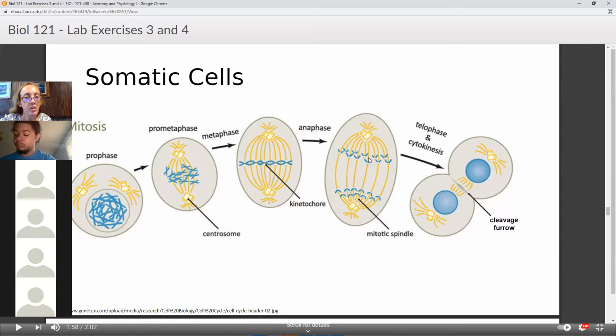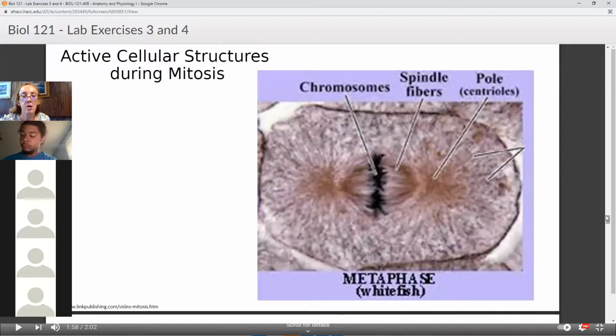And then the two duplicated copies of chromosomes called chromatids are moved to opposite sides of the cell. And then the new cells are formed. 2 new cells are formed. So we have chromosomes, mitotic spindle fibers, and the centrosomes within the centrioles.